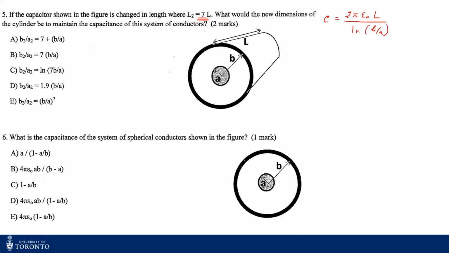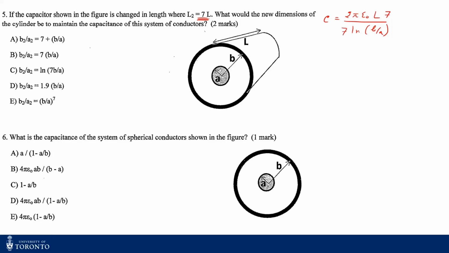So now let's say if I increase this 7 times, so therefore to cancel this 7 times, I also need a 7 at the bottom, right?